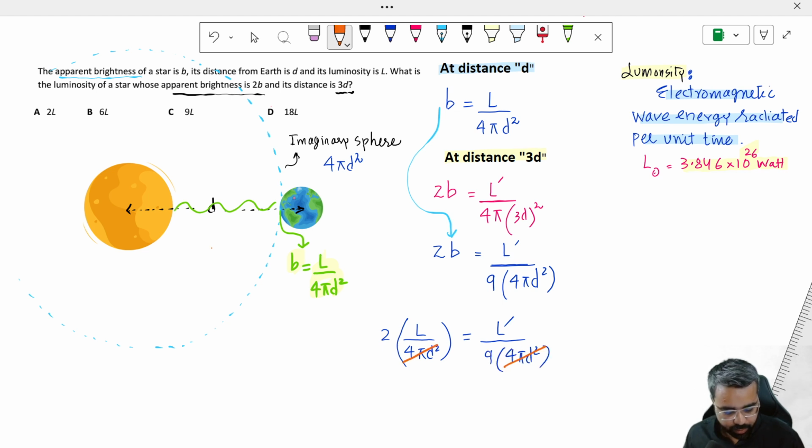This cancels out, and finally L prime, the luminosity of the star, is 2 multiplied by 9L, that is 18 times L. So that's why D must be the right answer.